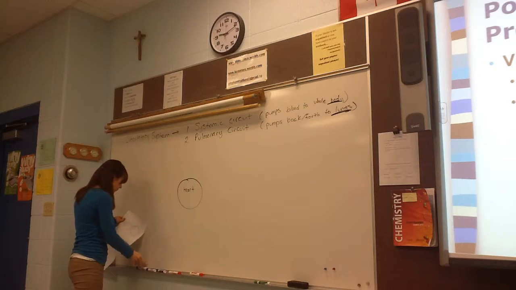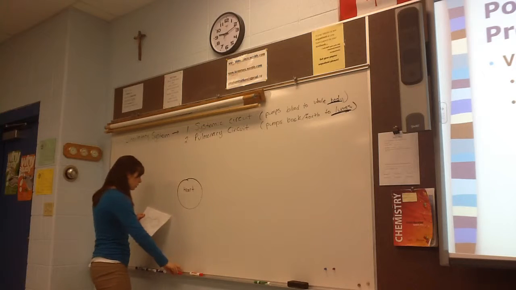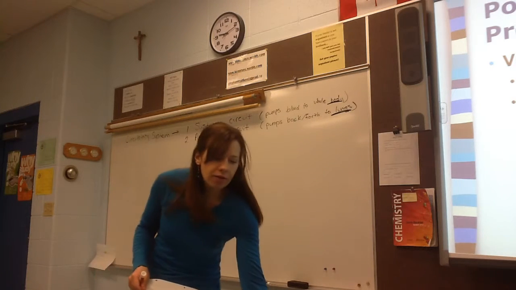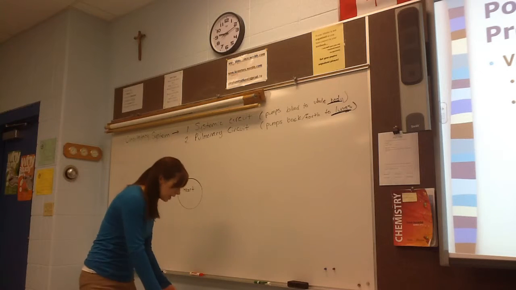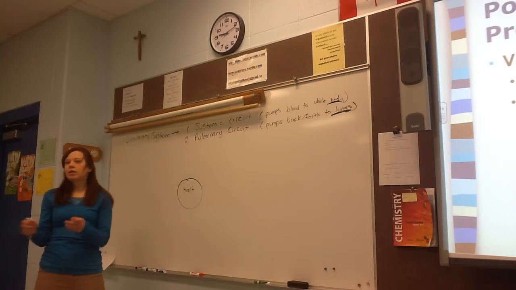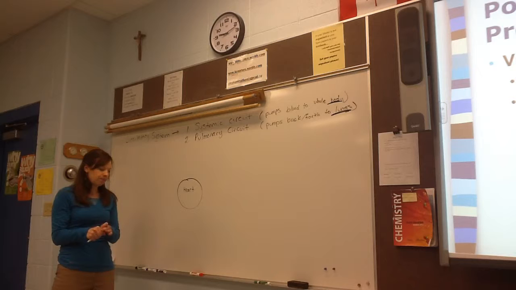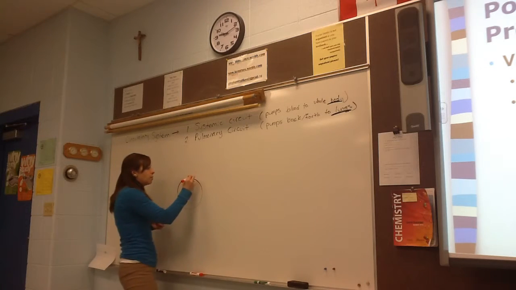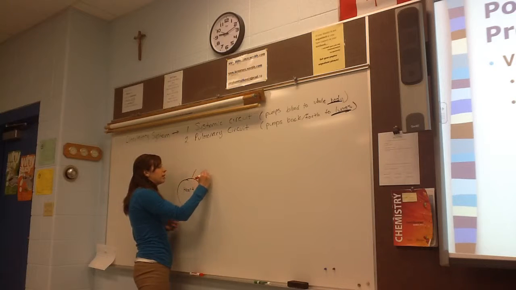Now, let's say we have blood in the heart that has oxygen in it. It pumps out through a very special artery called the aorta.